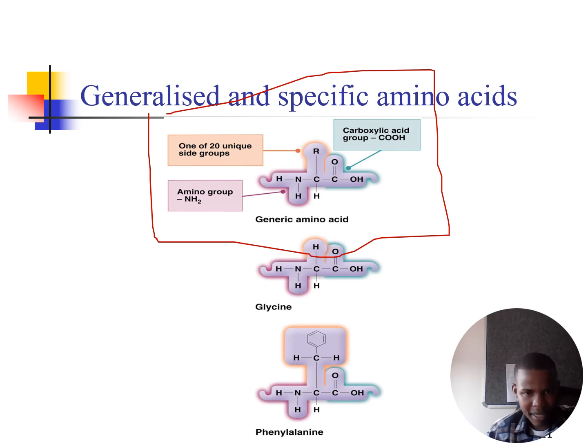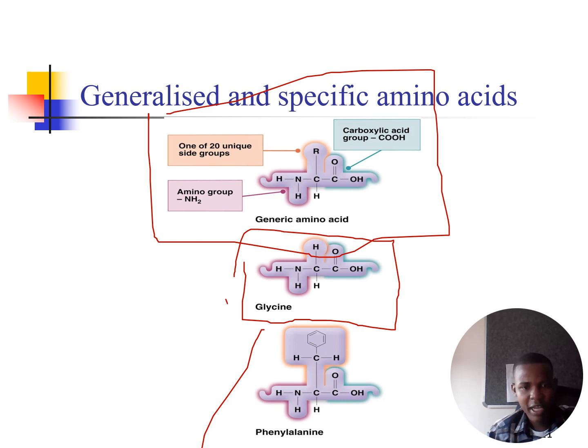Glycine is the simplest amino acid, and most of the time we'll be drawing glycine. You need to know how to draw glycine. You need to know how to draw phenylalanine. Phenyl means a ring. That's what we call a phenyl, and alanine.